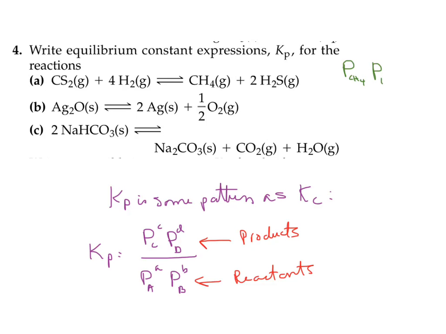Partial pressure of H2S squared, times partial pressure of CS2 raised to the first power. And then, last but not least, the partial pressure of H2 raised to the fourth power. I should say is equal to Kp. My bad.